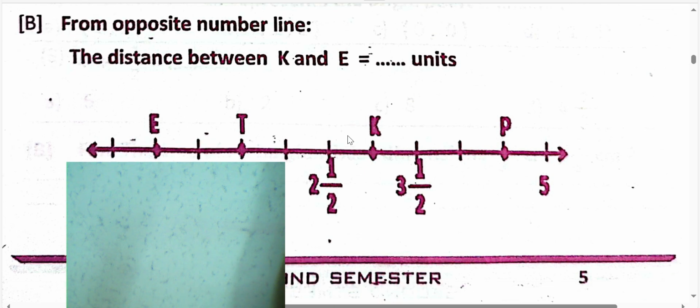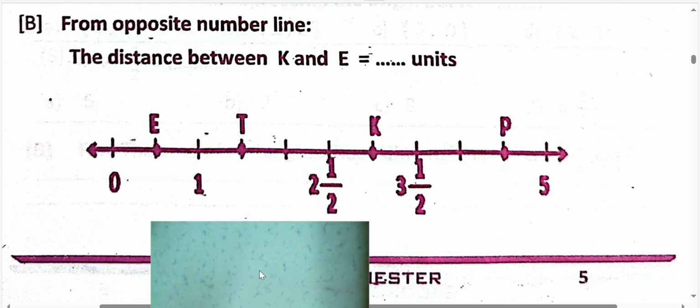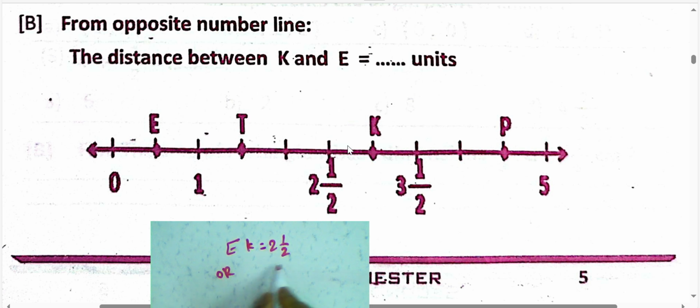From the opposite number line, find the distance between K and E. Look here, K and E. Each step is half. Okay, count with me this part: half plus half, 1, 1 and half, 2, 2 and half. So the distance between E and K equals 2 and half. Or you can solve by another method.